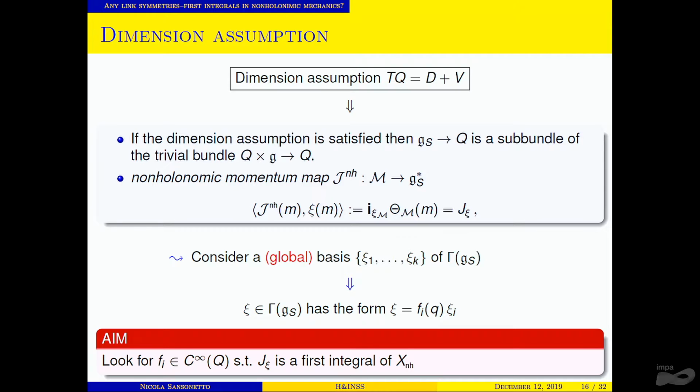Then every element of the sections can be written in this form, as a linear combination of elements of the basis times functions on the configuration space. So our problem now is to find these functions in such a way that this J^xi is a first integral of the dynamics. Or differently, look for these functions f such that xi is a horizontal gauge symmetry.